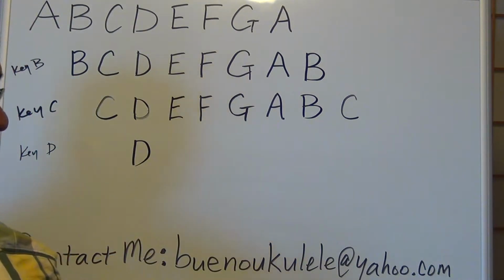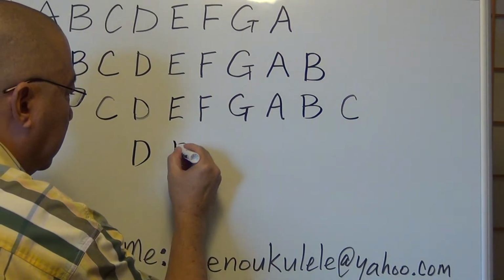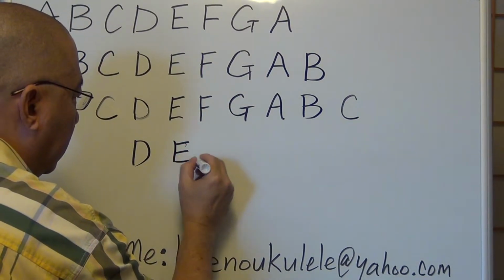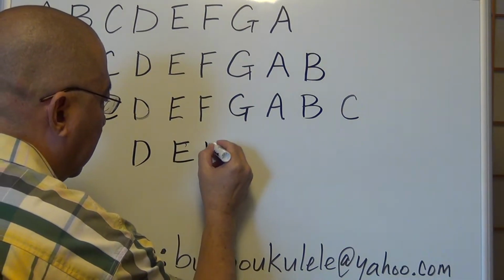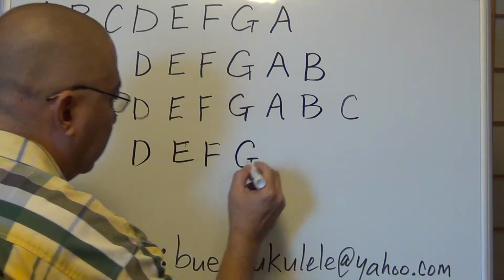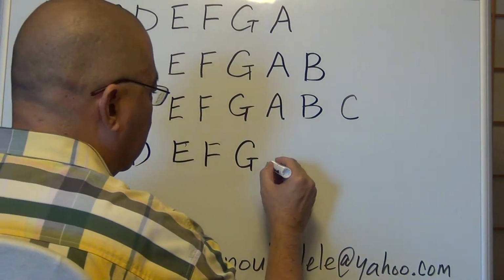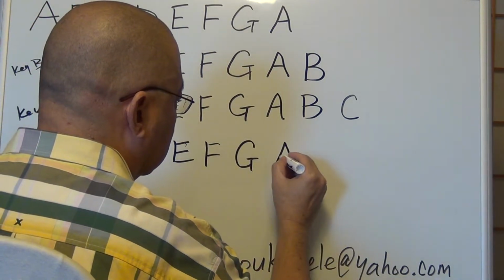Okay? So, what comes after D? E. What comes after E? F. G is after F. Okay? Every time we come to G, A will always follow, because that's just the way it is.